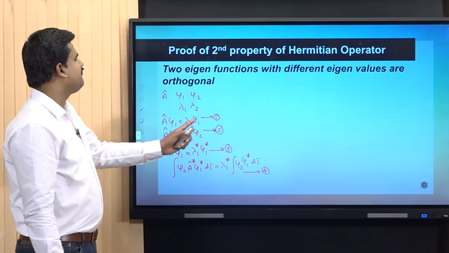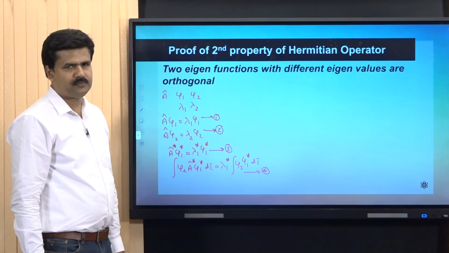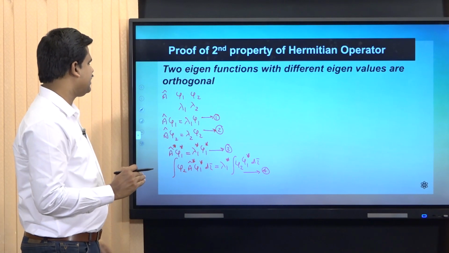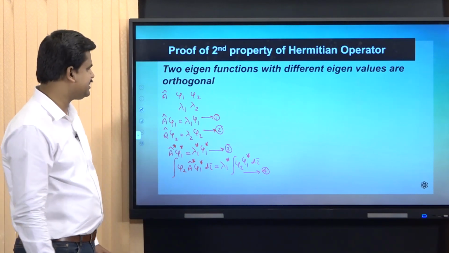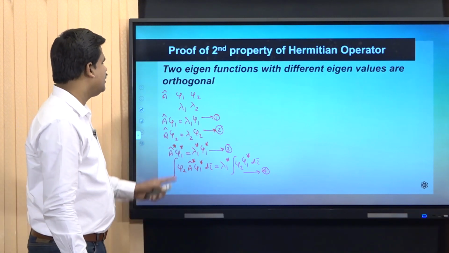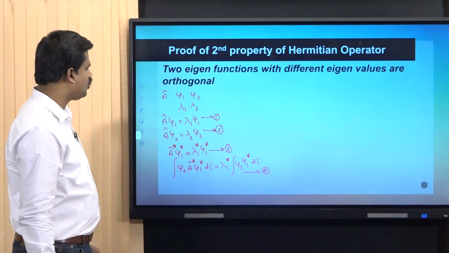Similarly, take equation 2, left multiply with psi 1 star and integrate over space.